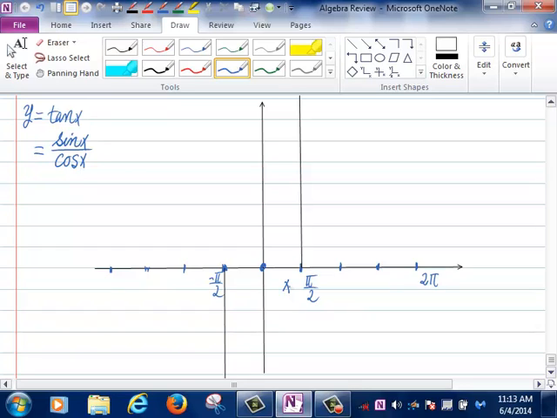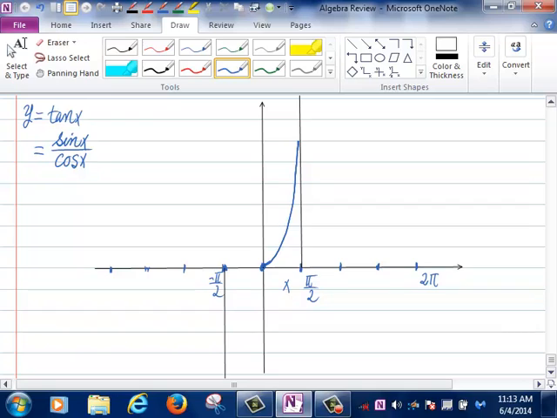So the fraction will blow up, okay? So that means the graph looks like this. Like this.